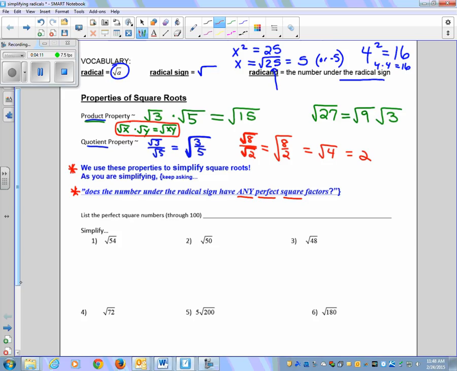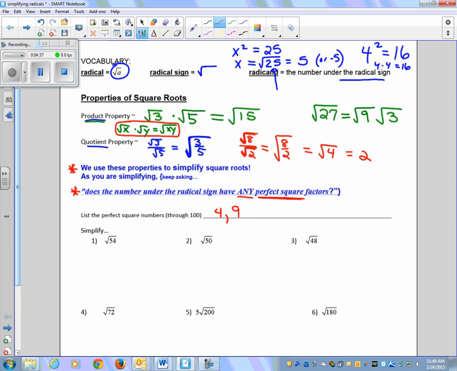Now, in order to know what that question means, we have to know what perfect square numbers are. Well, perfect square numbers are numbers where, when we take the square root of them, we get a whole number. So, for example, 4 is a perfect square number because the square root of 4 is 2.